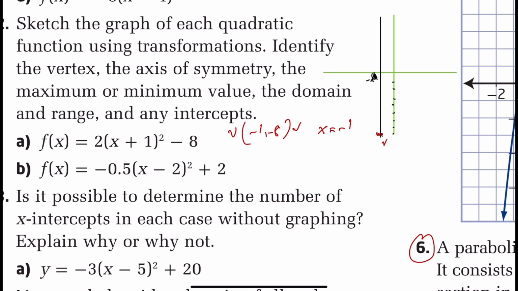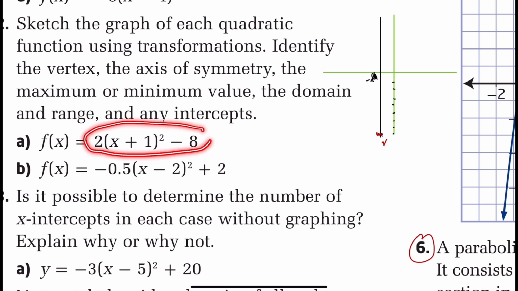For the x-intercept and y-intercept, we just need to solve this equation. For the x-intercept, you need to solve this equal to 0. So 2(x + 1)² - 8 = 0.